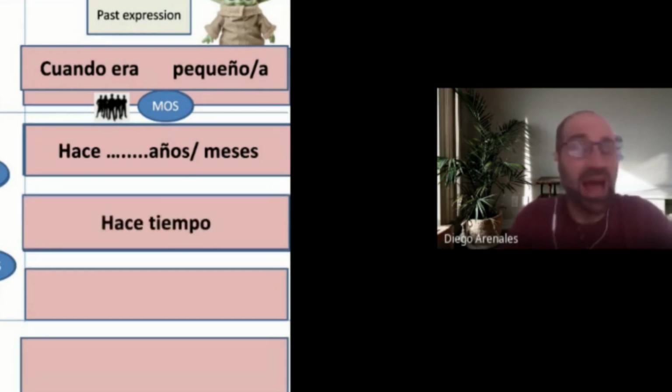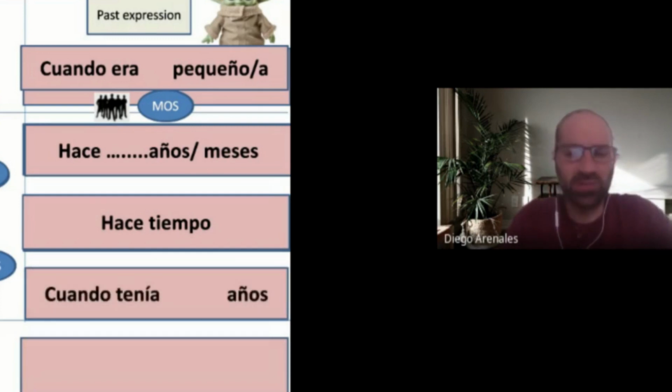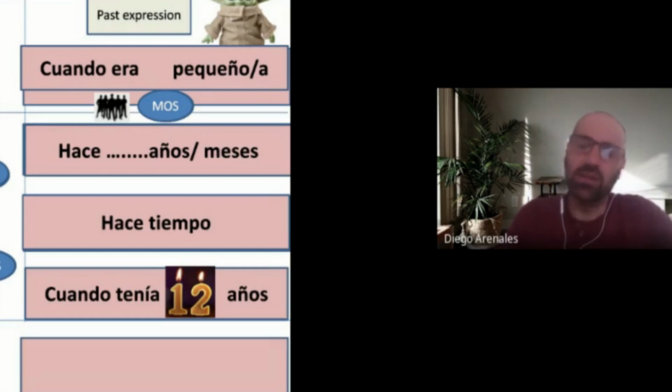You can say as well hace tiempo, like a while ago, or hace mucho tiempo, a long time ago. Another expression that is really useful is cuando tenía, and then you put the number, your age basically. Cuando tenía 12 años, for example. Literally, when I had 12 years old.